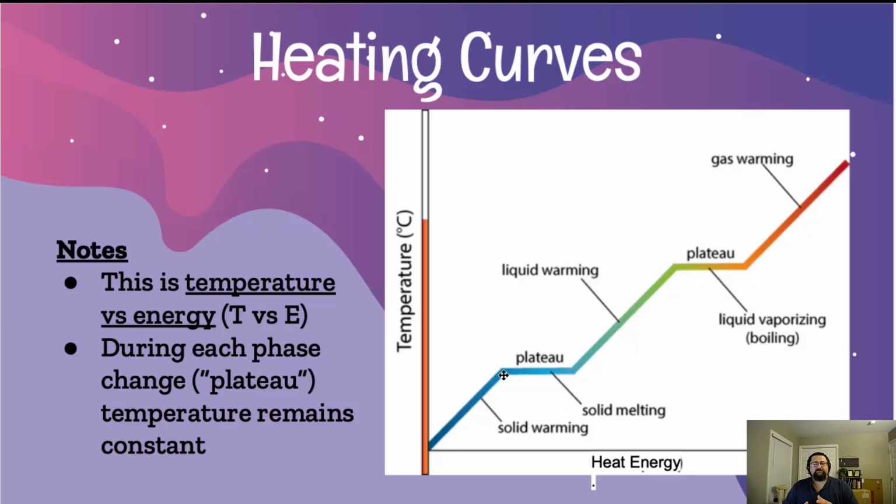It will stay at that temperature until enough energy has been absorbed to melt all the ice. That's when you get to the end of this plateau. The melting takes place over the course of this plateau, and now you don't have any more solid. So as more energy is added, now we're warming that liquid, which happens with that glass. It sits there and now it's starting to get warmer.